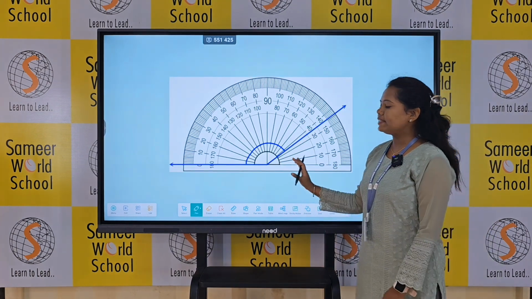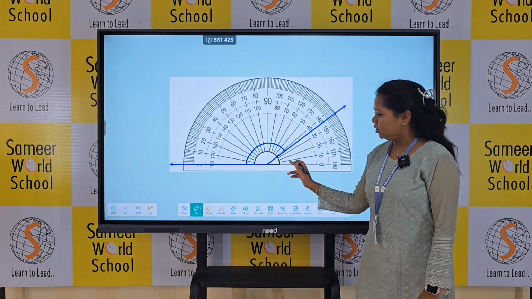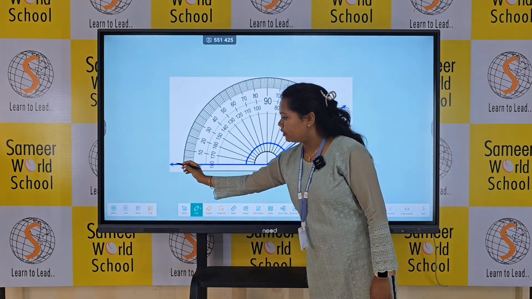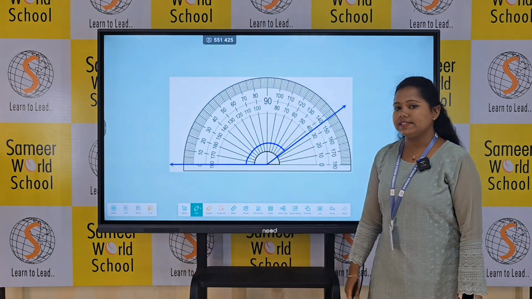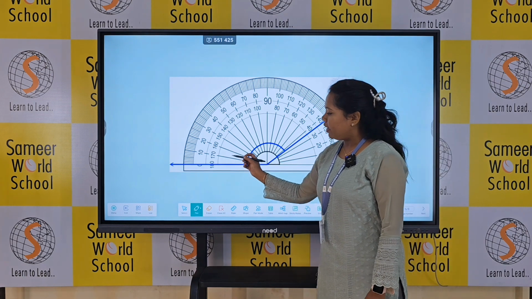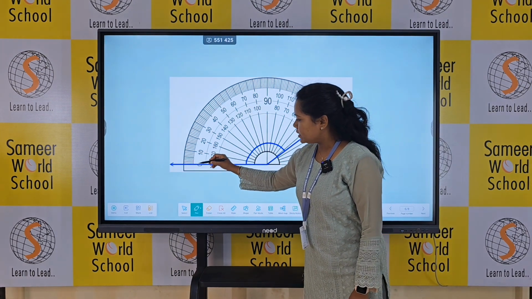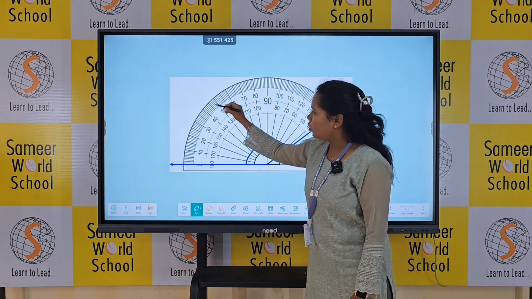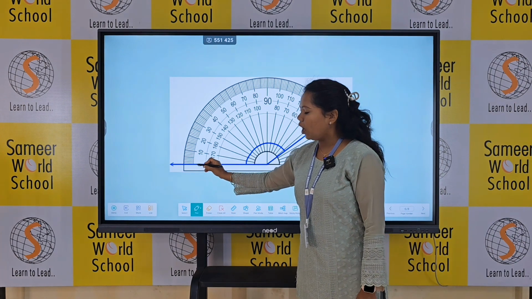Let's take one more example. Now if you see, this is again an example of obtuse angle, but here the horizontal arm of the angle is pointing towards the left hand side. In such cases, we have to check where the 0 is present on the protractor. Now we can see the 0 is marked on the outer scale. So for such examples, we have to use the outer scale.